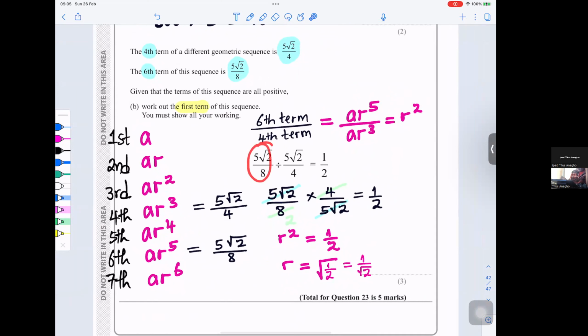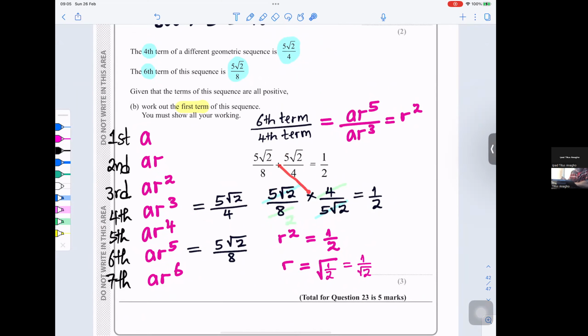So the sixth one divided by the fourth. You would have the sixth one, 5 root 2 over 8.